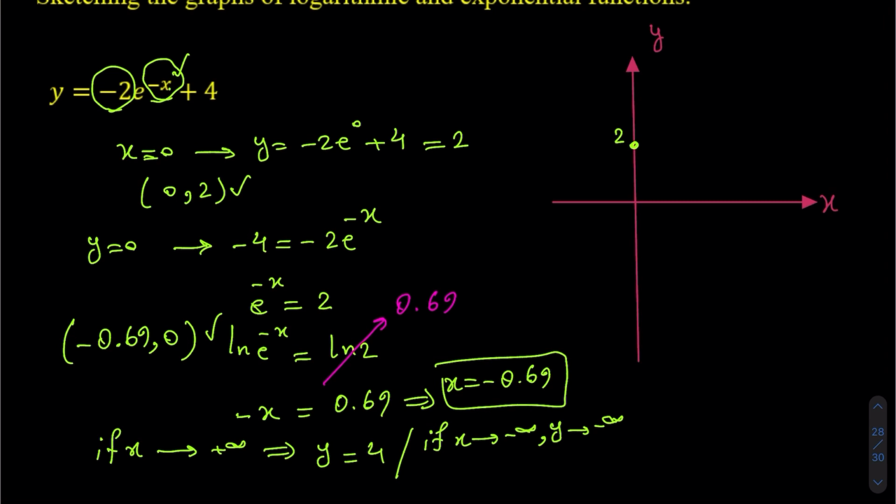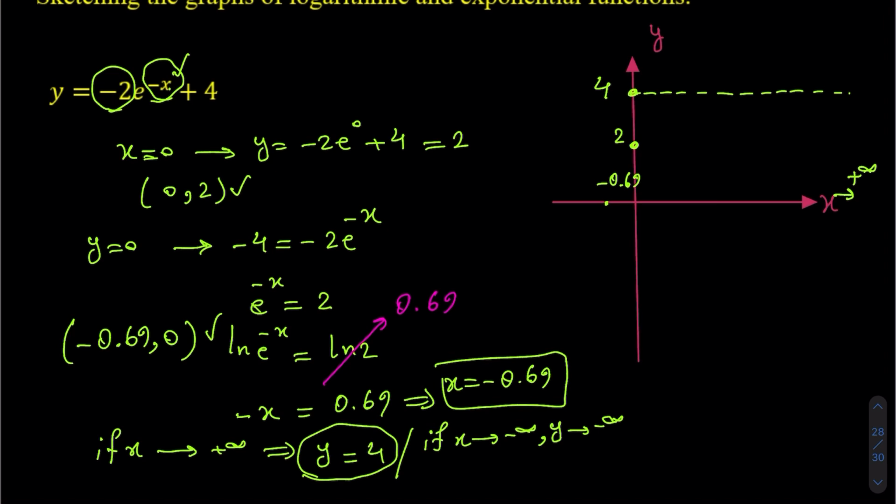Another one is, let's say here, negative 0.69. And we have another limitation here, which is y is equal to 4. That means if x approaches positive infinity, therefore y can only increase until 4. So let me just draw this 4 as the limiting point. Okay.